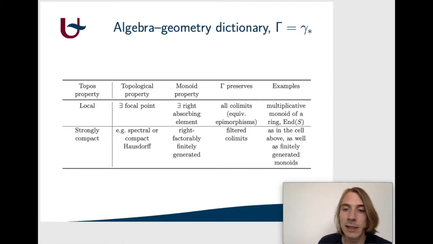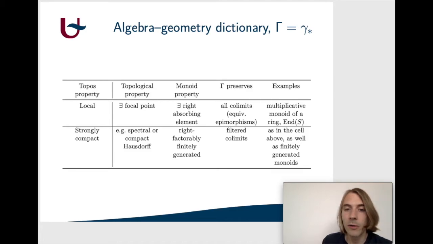Another property is when gamma preserves filtered colimits. This is a bit weaker. And the corresponding topological property is that the topological space should be a spectral space, so it can be written as the spectrum of a commutative ring, or for example, a compact Hausdorff space. These are also strongly compact.